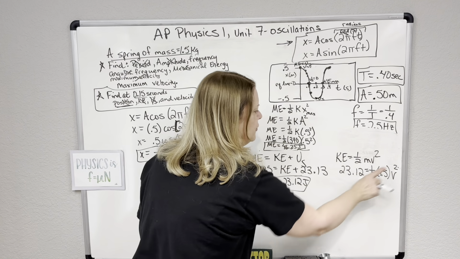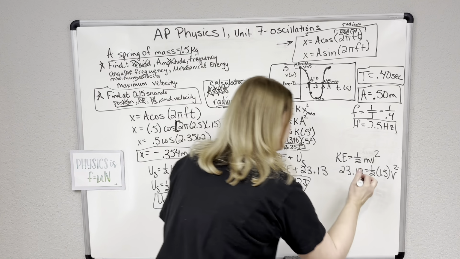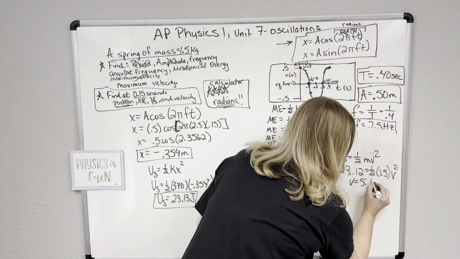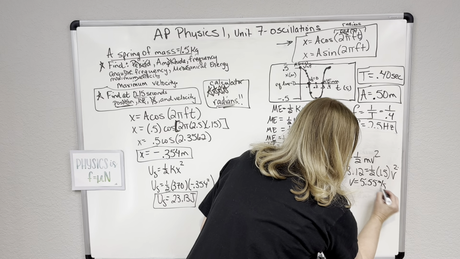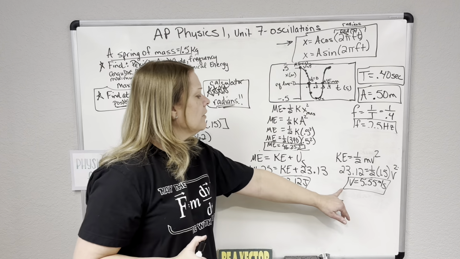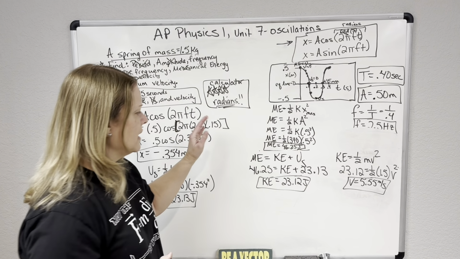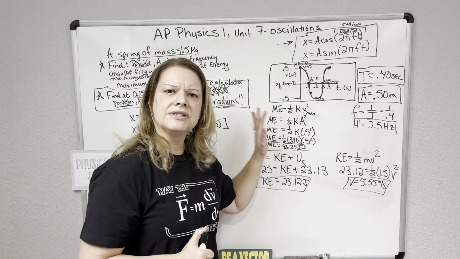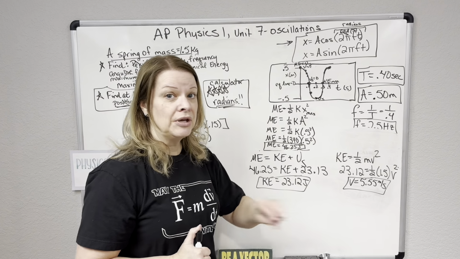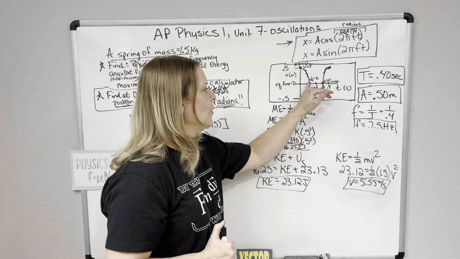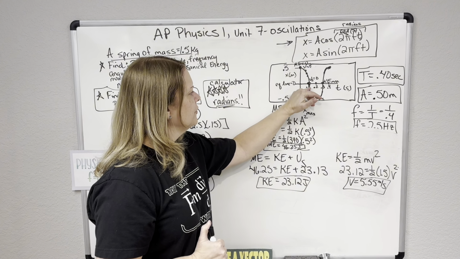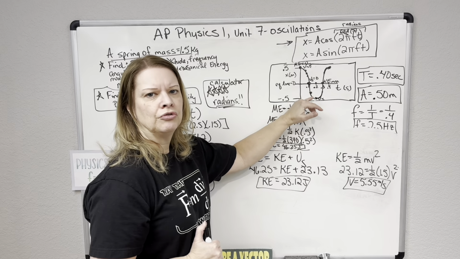If you multiply by 2, divide by 1.5, and take the square root, you get a velocity of 5.55 meters per second. To check, our maximum velocity, which we had just calculated, was 7.85 meters per second. We're less than that. You can't be over your max, because we're not at the equilibrium line. It needs to be something less than that, because our kinetic energy is getting converted to potential energy of the spring.